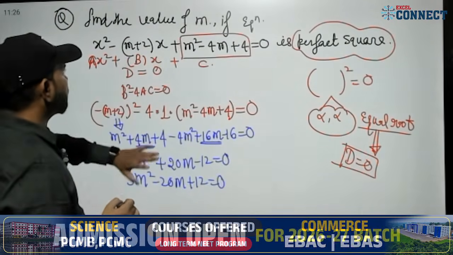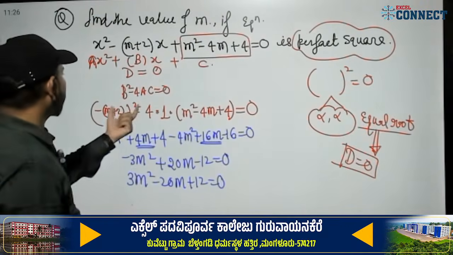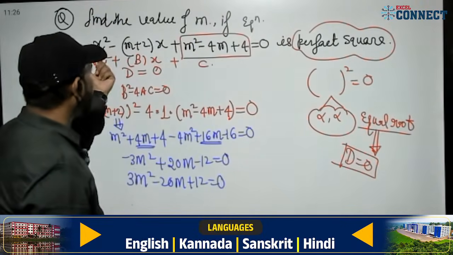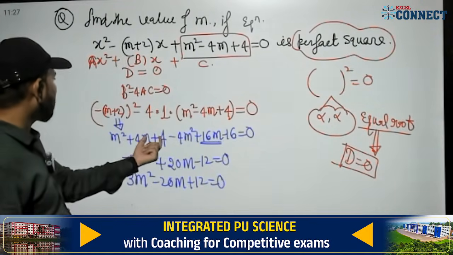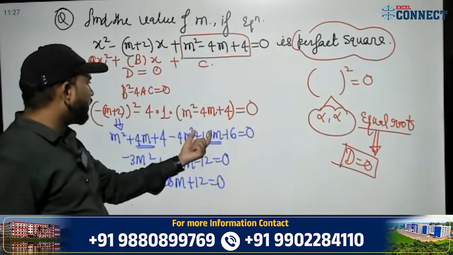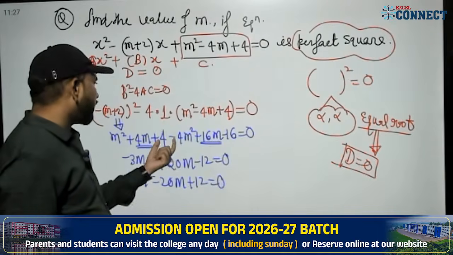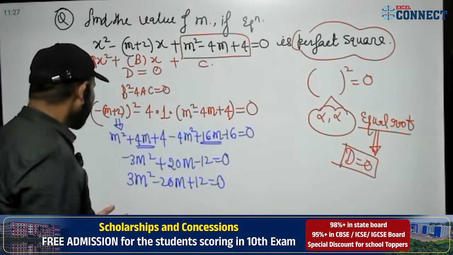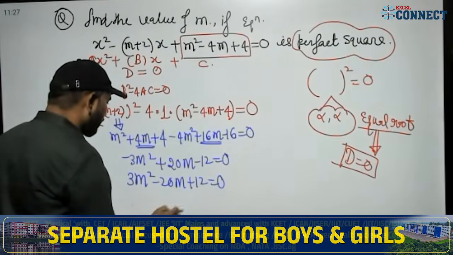Up to here any mistake, I will check again. B square is a perfect square, so this whole square minus 4 into this, no mistake. So m square plus 4m plus 4, minus 4m square plus 16m minus 16, this is also okay. This is minus 3m square plus 20m minus 12 equal to 0. This is 3m square minus 20m plus 12.